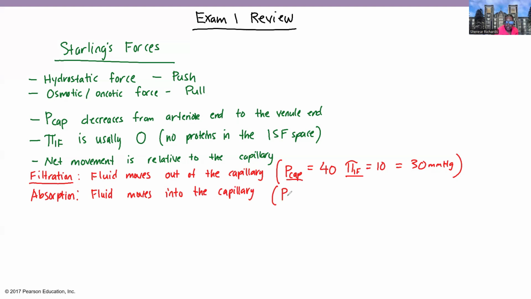The interstitial fluid hydrostatic pressure is one of the forces favoring absorption. Let's say that was 15 in our example here, while your capillary oncotic pressure is equal to 15 in our example. So our total absorption force would be equal to 30. And up here, let's correct this, this would be 50.